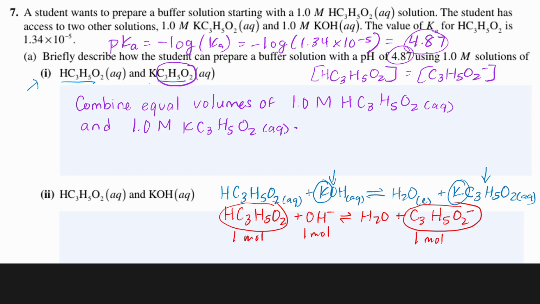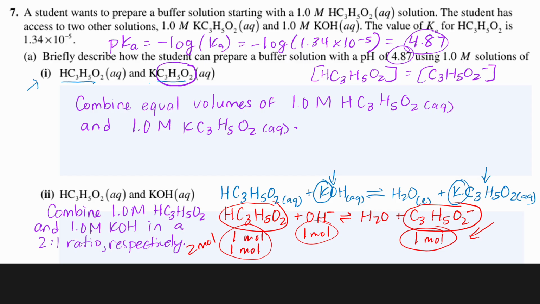So I know the buffer will have 1 mole of conjugate base, which means I need to be left over with 1 mole of my weak acid, which means I need to start with a total of 2 moles of my weak acid, so that when I mix with my hydroxide to form conjugate base, I still have equal amounts left over at the end of weak acid and conjugate base.